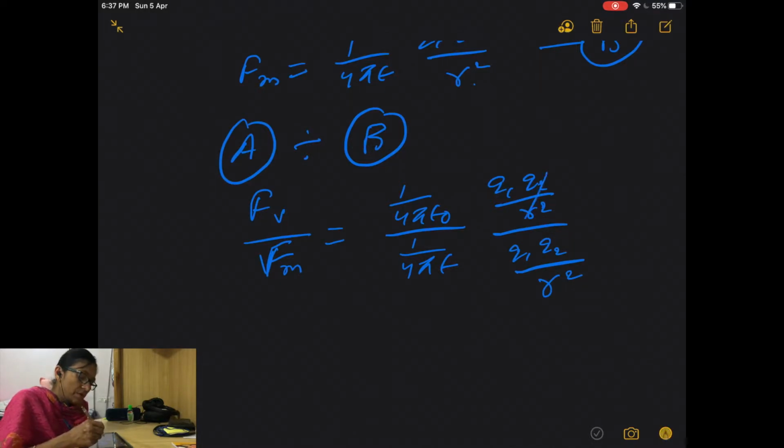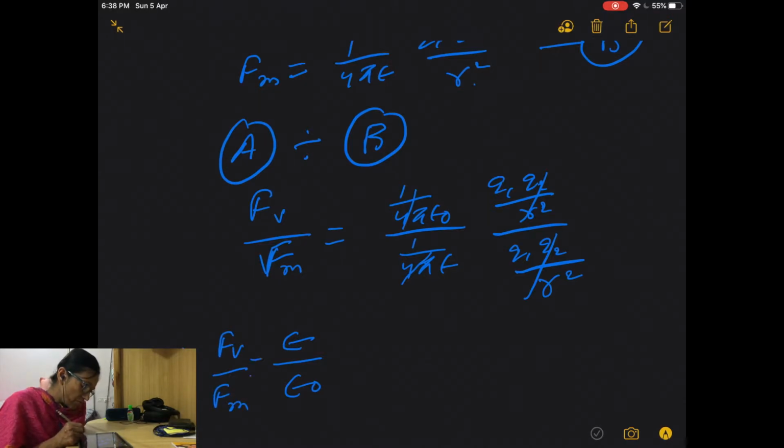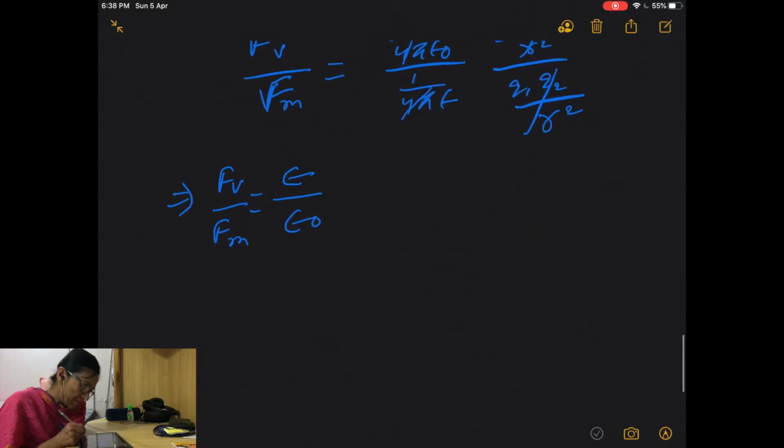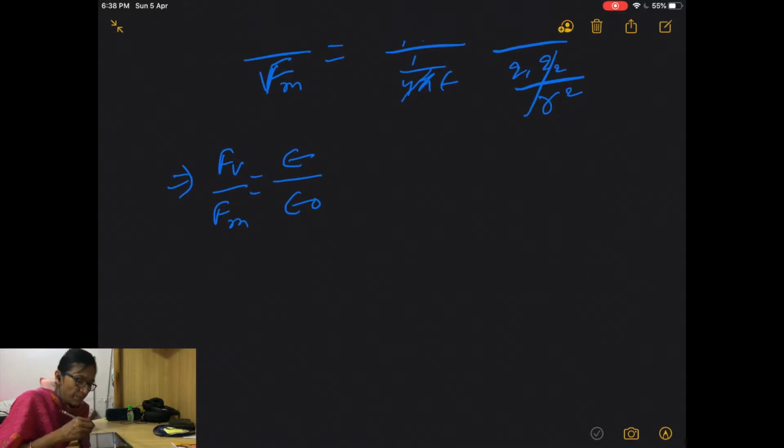So these terms can be cancelled from the numerator and denominator, and it becomes equal to epsilon by epsilon naught. So force in vacuum divided by force in medium is equal to the ratio of epsilon, the permittivity of the medium, to the permittivity of free space.